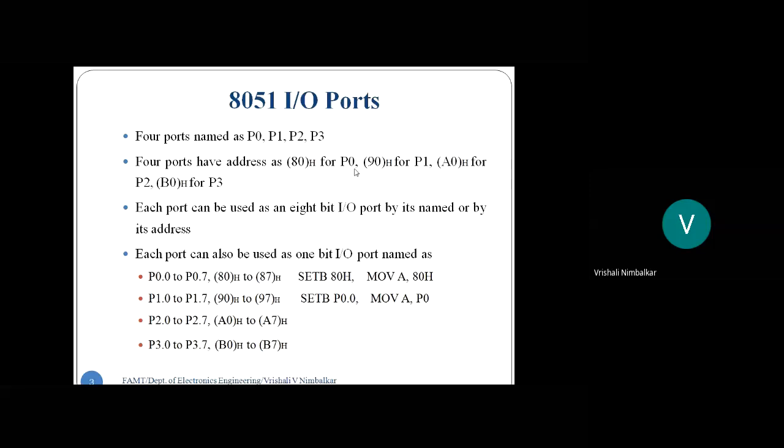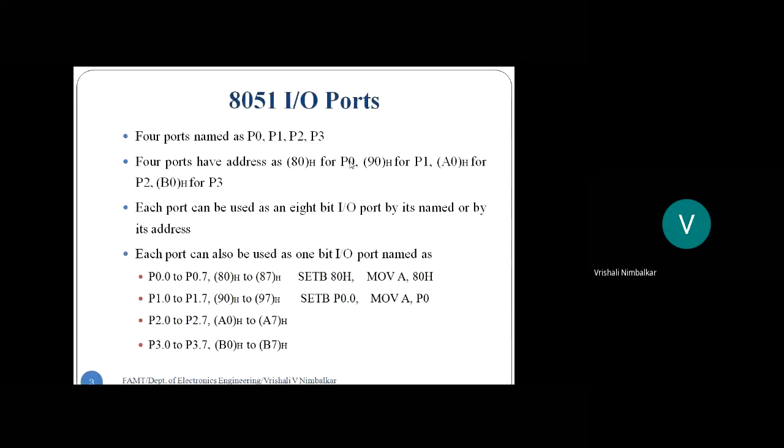Students, whatever instruction set we have studied, in those we had the direct addressing mode. Under the category of direct addressing mode, you can also put the addresses of SFRs: 80, 90, A0, B0, correct? At the same time, instead of mentioning the address, I can also mention the name of the SFR.